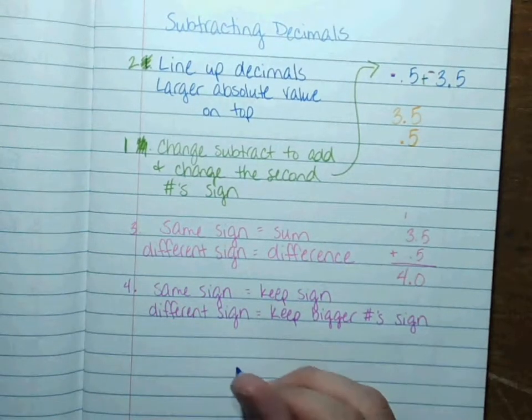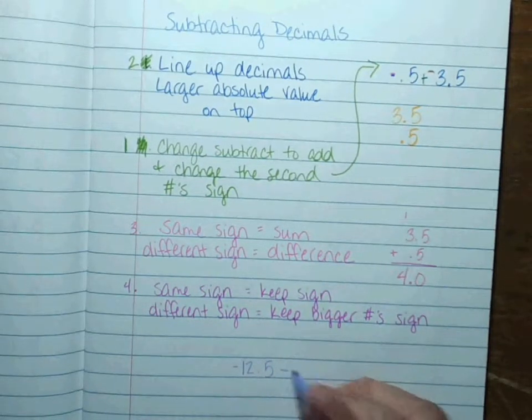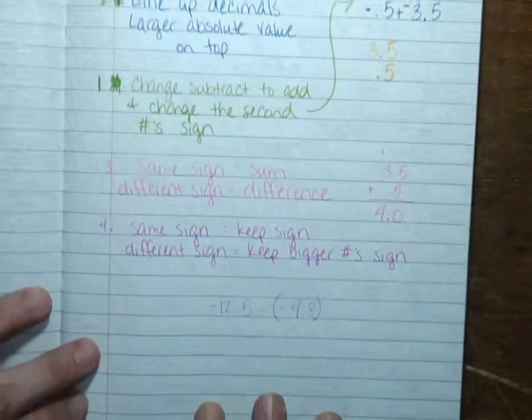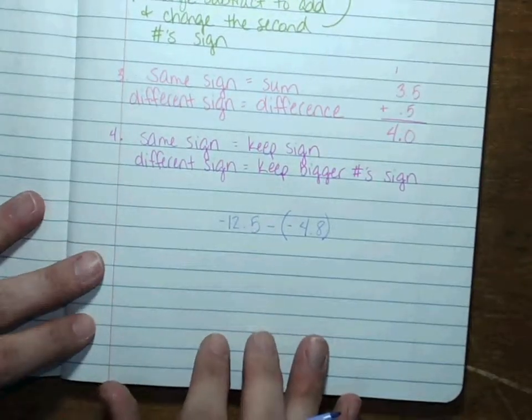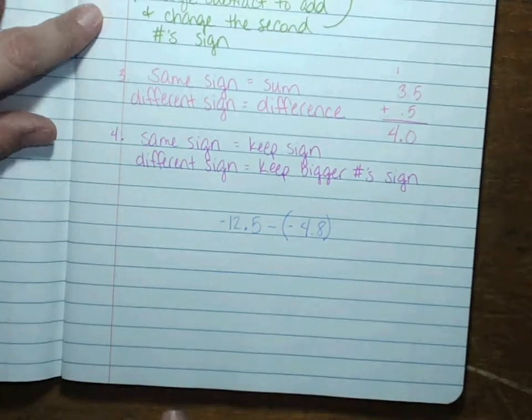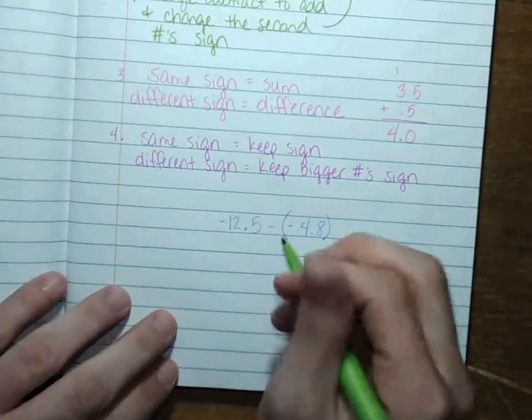Negative 12.5 minus parentheses negative 4.8. Now, my new step one, because I messed up, I need to change that subtract to add.